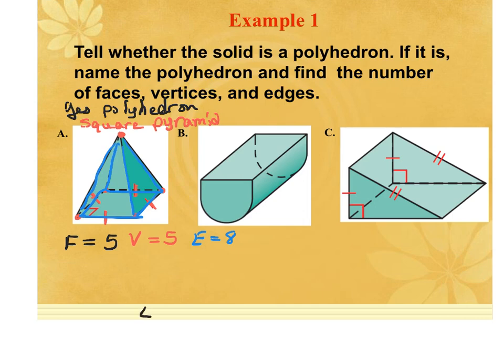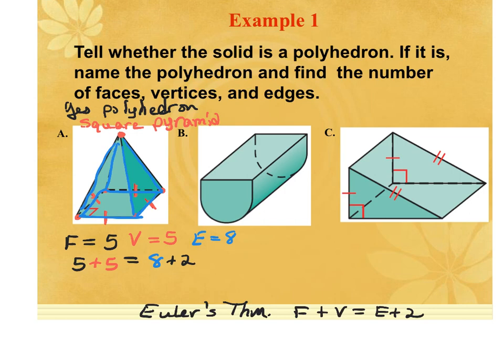So remember, Euler's theorem states that it's faces plus vertices equals edges plus 2. 5 plus 5 is 10. 8 plus 2 is 10. It checked out. We did count correctly.